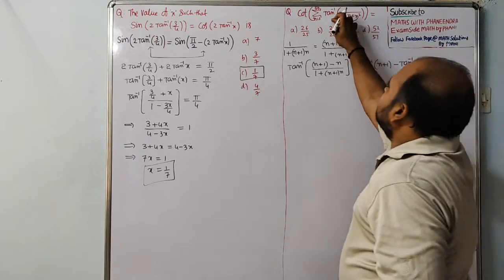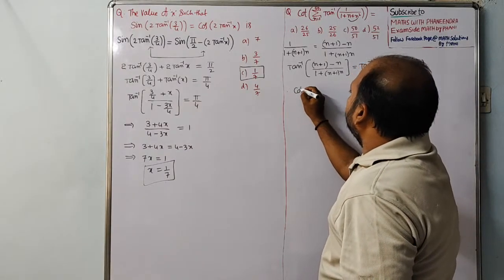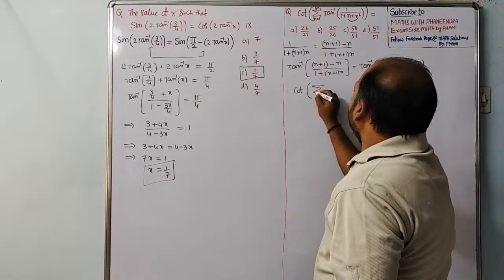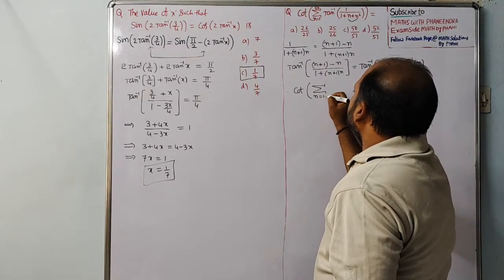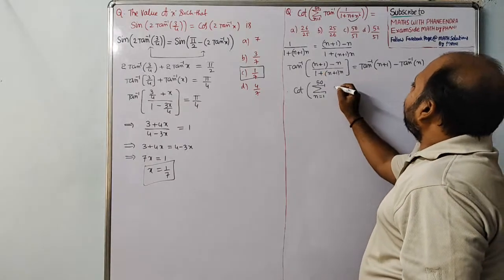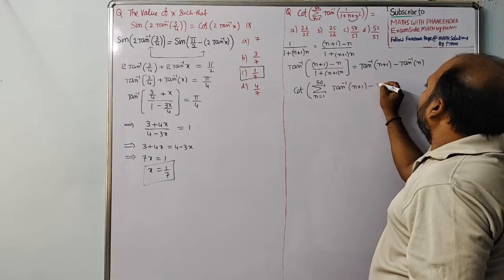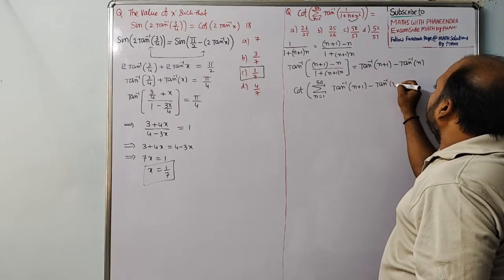So in place of this, you have to replace with this value. So therefore, cot of sigma n is equal to 1 to 50 tan inverse of n plus 1 minus tan inverse of n.